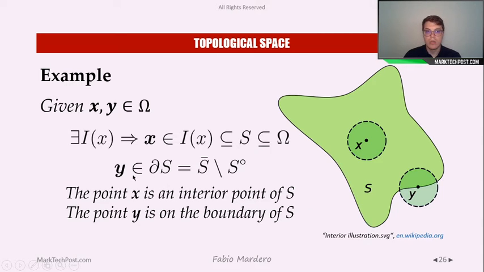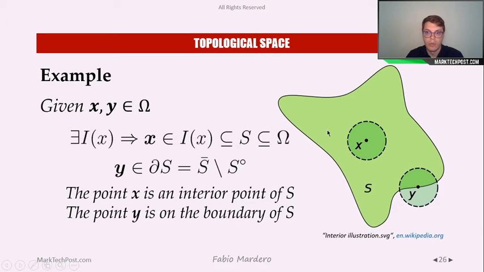Good. Now let's take a look at Y. Y is on the border of S, we could say. In fact, we will see in a moment that the point Y is on the boundary of S. So let's first prove what Y actually is. Let's find the interior of S, and we already found one point here that is an interior point of S, which is our X. If we move X, can we always find a neighborhood of X such that this expression is proved?